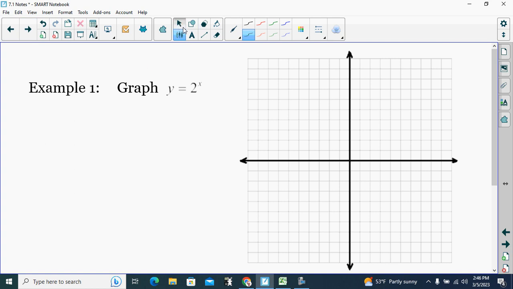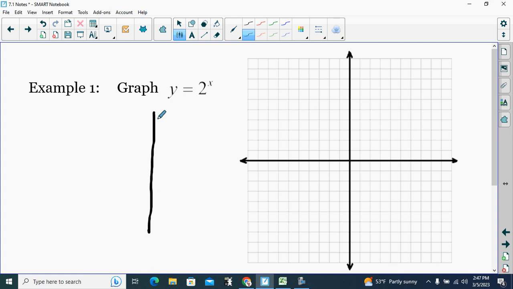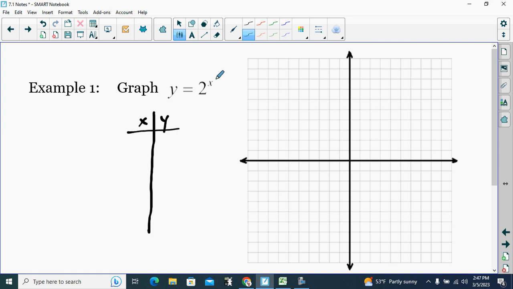First thing we're doing is graphing a couple exponential equations. So example 1 asks us to graph y equals 2 to the x. We're simply going to make an xy chart and plug in some values for x.